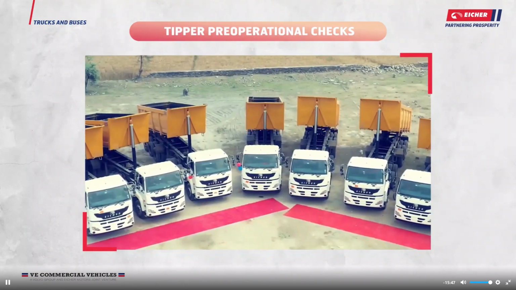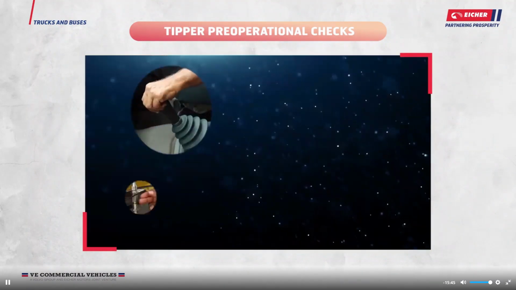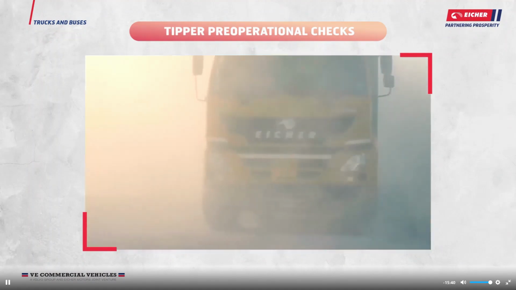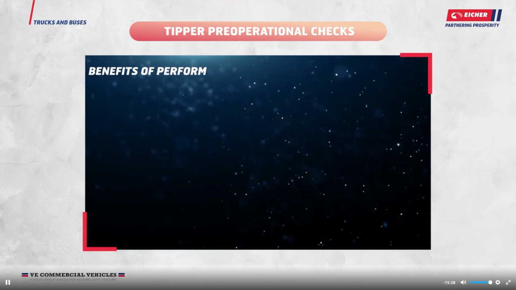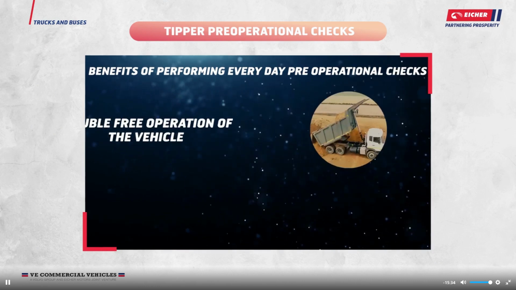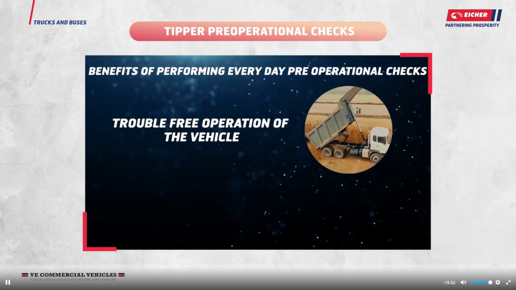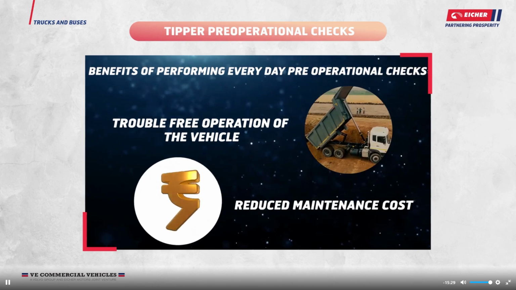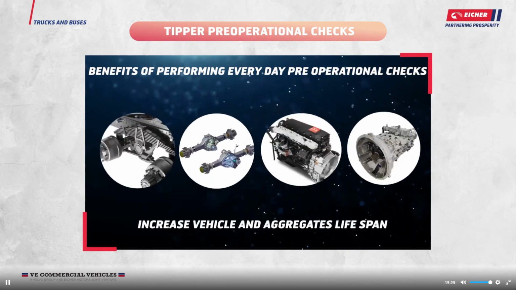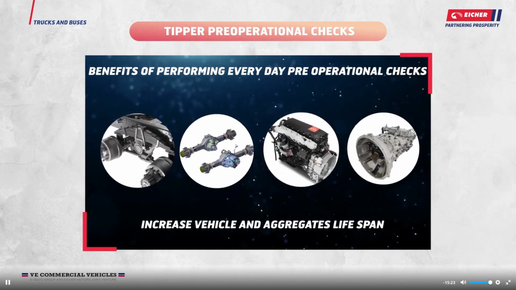The secret of success is in performing simple pre-operational checks before starting the trip and driving the vehicle. Following are the benefits of performing everyday pre-operational checks by the driver: trouble-free operation of the vehicle, reduced maintenance cost, improved mileage, improved tire life, increased vehicle and aggregates lifespan.